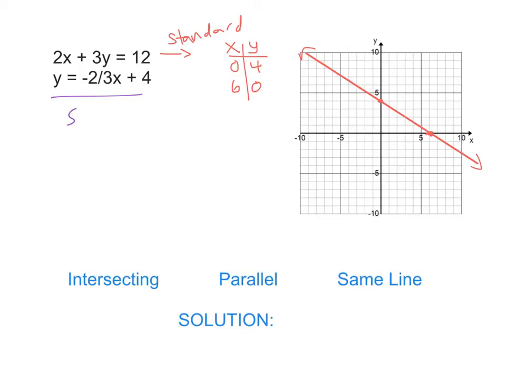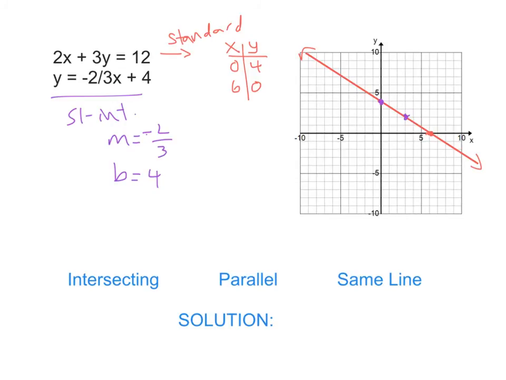So this is in slope-intercept form, and our slope is negative 2/3, and our y-intercept, or b, is 4. So I'm going to begin at 4, so I put a point on the y-axis at 4. Notice it's on the same dot we already had for our red line. And then we're going to go down 2 and right 3, and we get to this point right here.